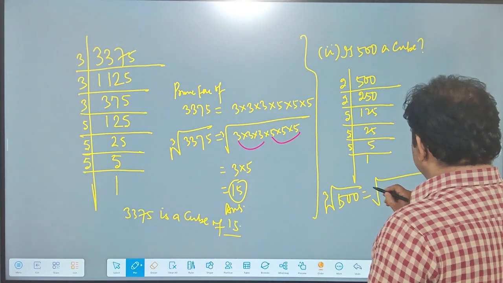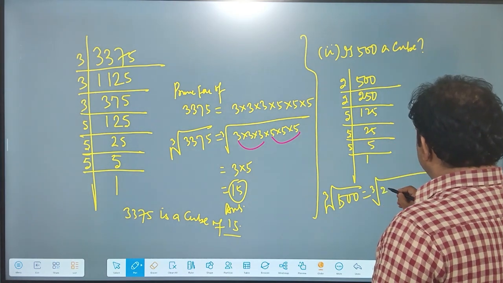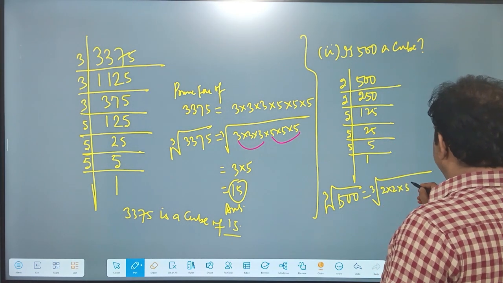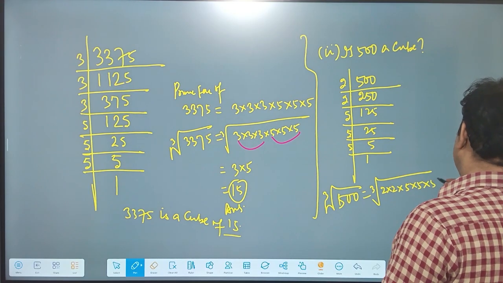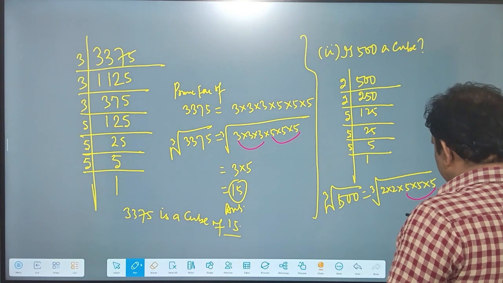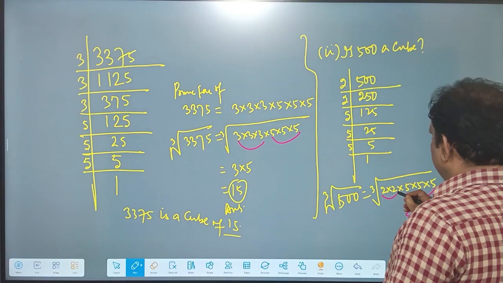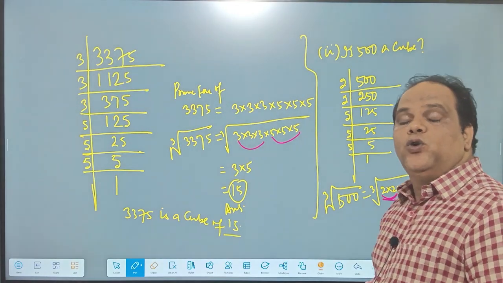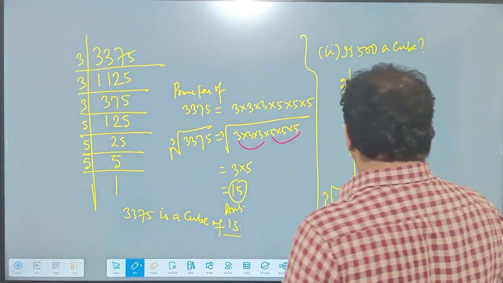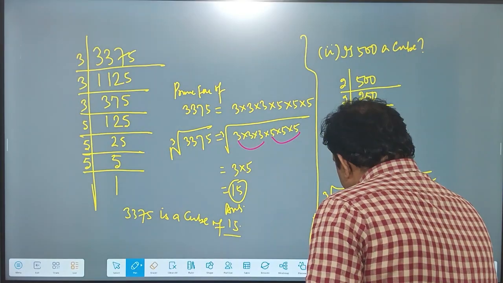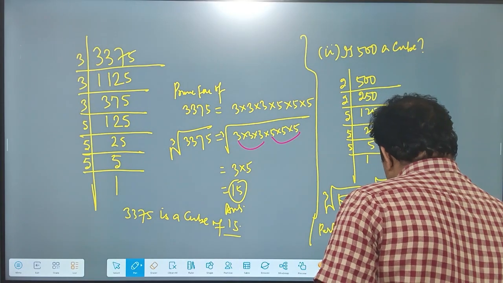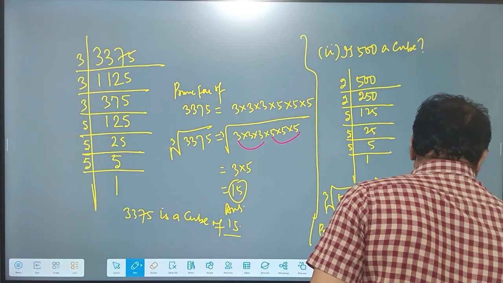This is equal to how much? This is 2 into 2, then 5 into 5 into 5. We know we have one triplet, so 5 would come out. But the 2 won't come out because there are only 2 prime factors. So we would say 500 is not a perfect cube.